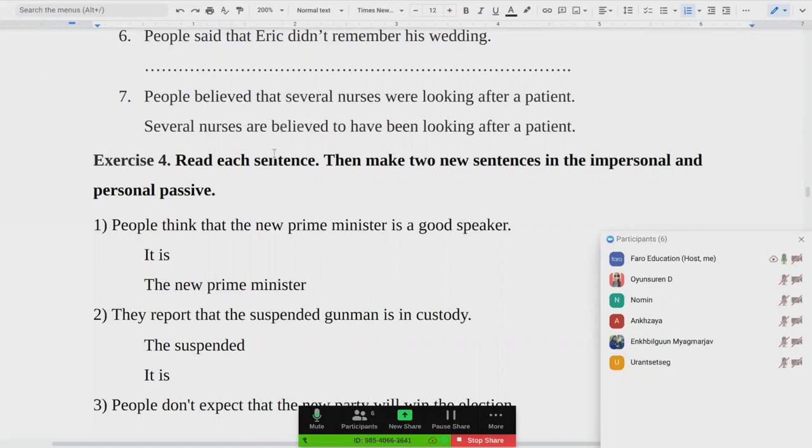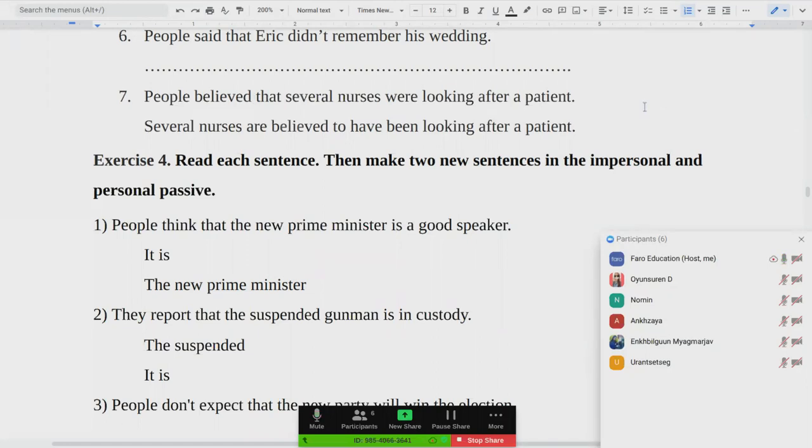Several nurses are believed to have been looking after patients, which is the past continuous: to have been looking after. If it were impersonal, instead of people believed we would say it is believed, it was believed that, keeping the whole sentence intact.